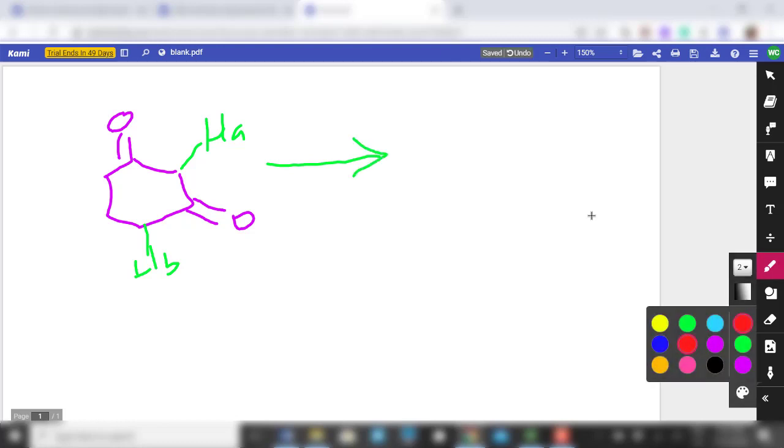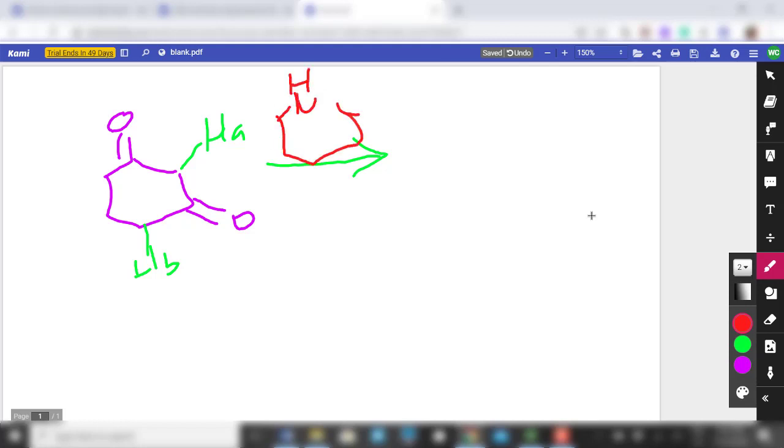The first thing we need to show is that piperidine is actually a secondary amine. Remember that there is a lone pair of electrons on the nitrogen. This lone pair of electrons will attack the hydrogen, and then it will push the electron density all the way to the carbon or oxygen. In that case, we need to draw this out properly.